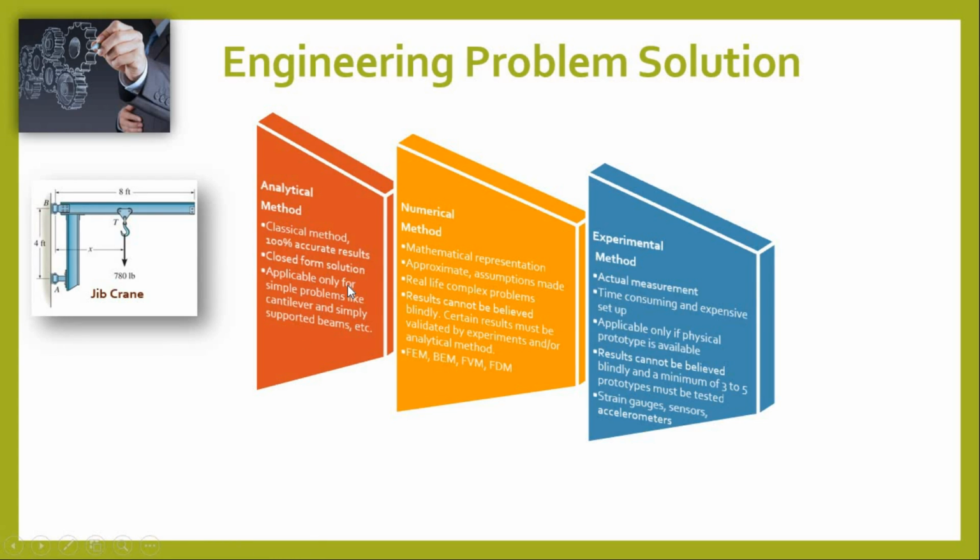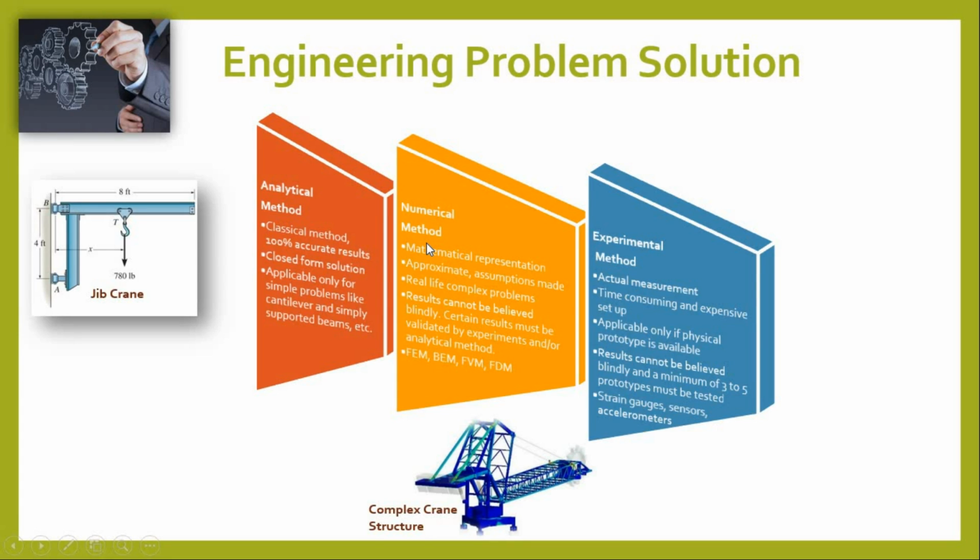When we talk about complex geometry, like a complex gear structure or any other complex part like a compressor or blower, it is difficult to find the solution by using the analytical method. Then we need another method called the numerical method, which is a mathematical representation, an approximate assumptions-based method. With real-life complex problems, the results cannot be believed blindly; some sort of validation is needed, by experiment or by the analytical method.